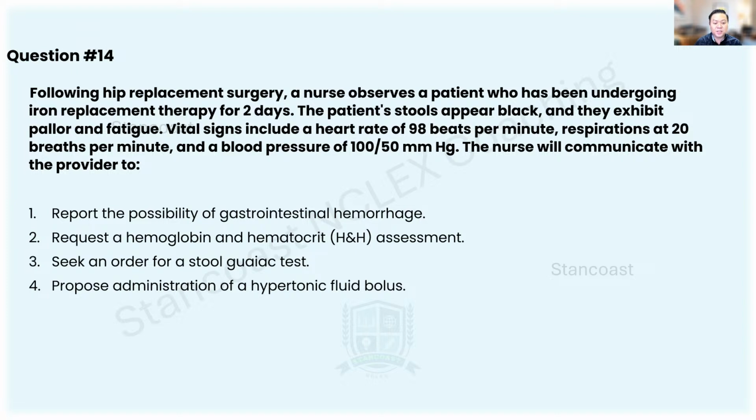The nurse will communicate with the provider to 1. Report the possibility of gastrointestinal hemorrhage. 2. Request a hemoglobin and hematocrit assessment. 3. Seek an order for a stool guaiac test. 4. Propose administration of a hypertonic saline or hypertonic fluid bolus. What is your answer?